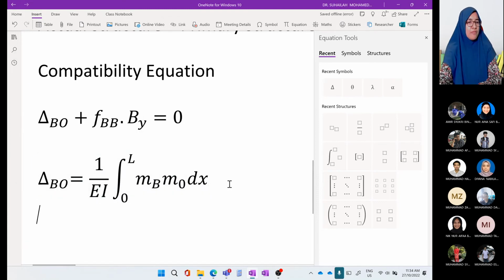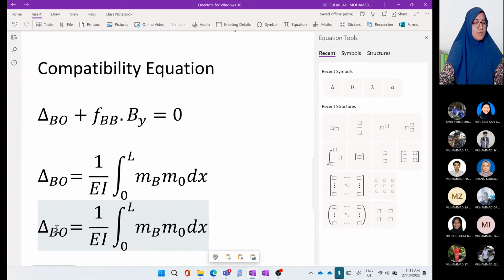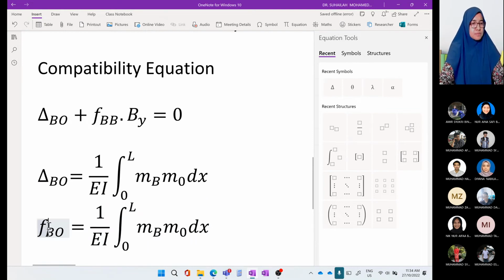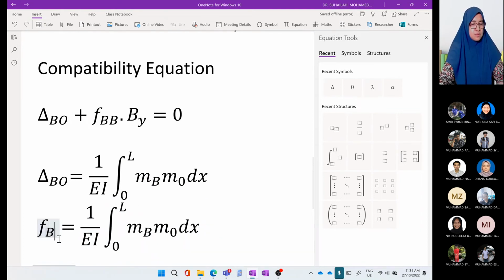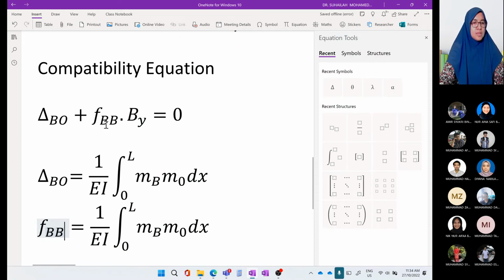Okay, now the second formula, for FBB. What is FBB? FBB is the displacement due to a unit value of BY of the redundant. So it is the same formula, but we have to change the two moment equations to MB, MB.